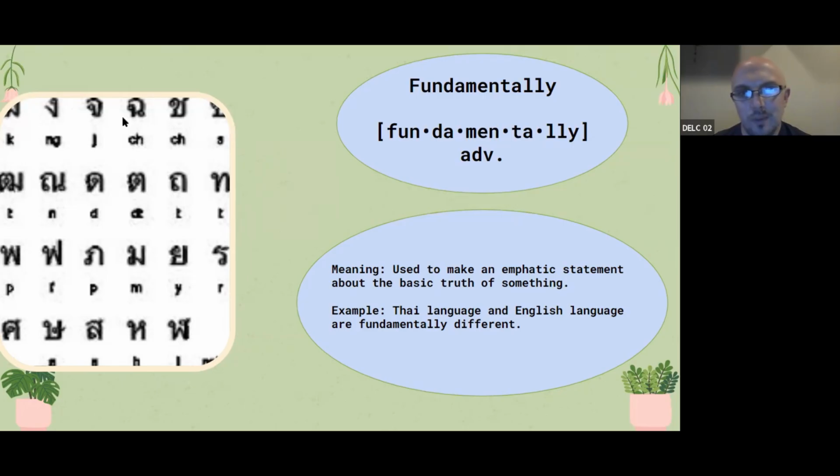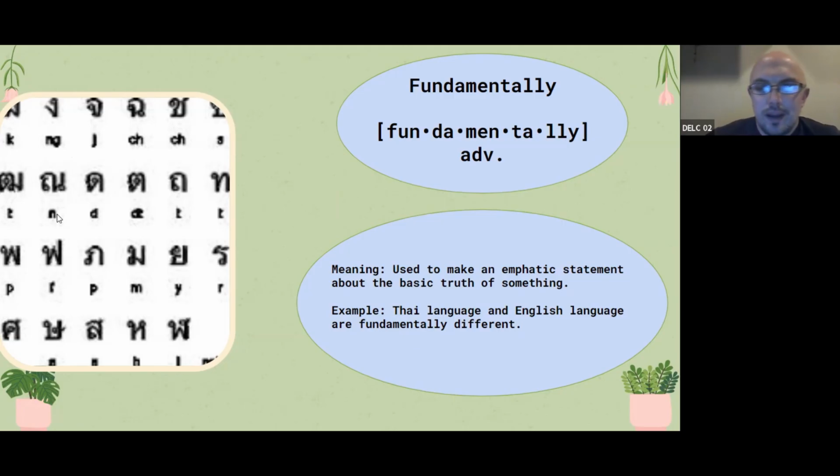It's a different alphabet. If you know the English alphabet but you don't know the Thai alphabet, then when you see these symbols, they just look like pictures. And the opposite is true. If you only know the Thai letters but you don't know the English letters, then these will just look like symbols. And so they are fundamentally different, because we would think that the basic level is the alphabet.